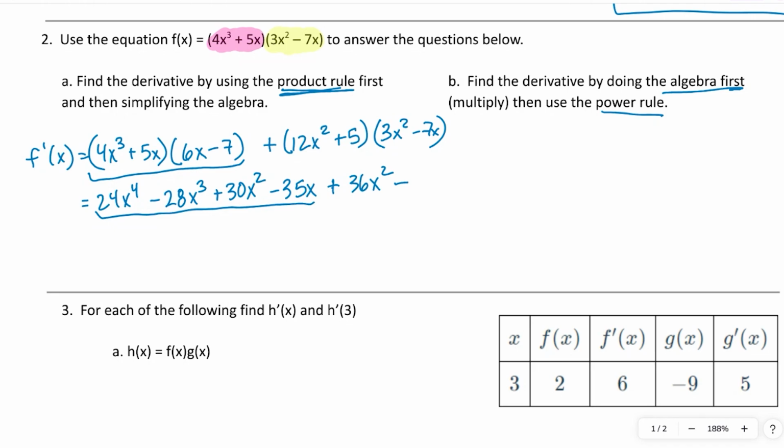So 60 and 24 is 74. Gosh, I hope I did that right. 74x cubed. And then what do we have after that? 3x squared times 5 is going to be 15x squared. And then 5 times negative 7x is going to be minus 35x.